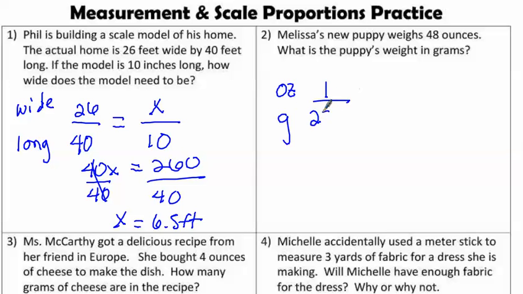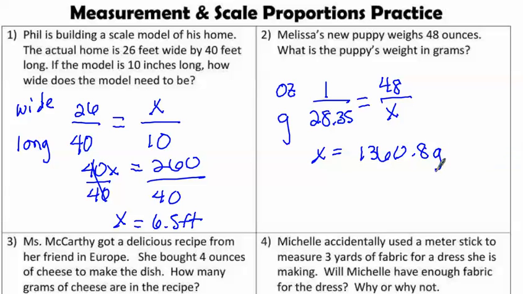So if the new puppy weighs 48 ounces, that will go in the numerator. Cross multiply, and you get x equals 1,360.8 grams.